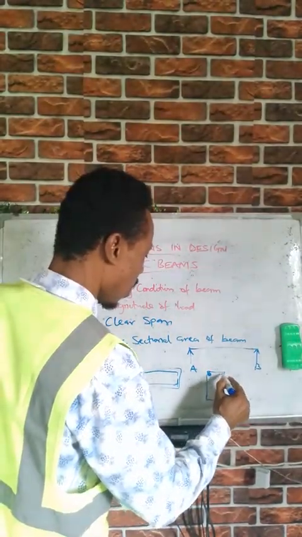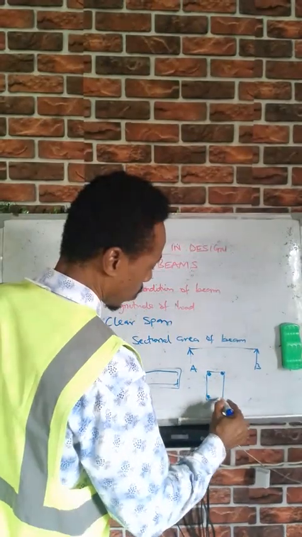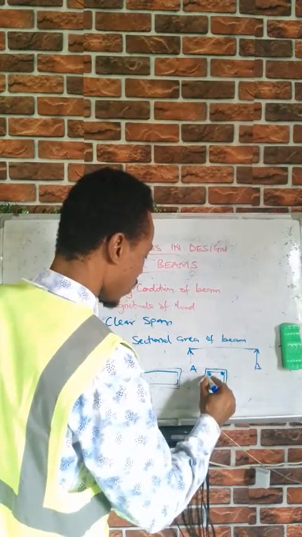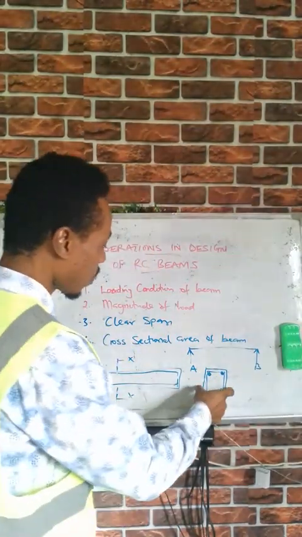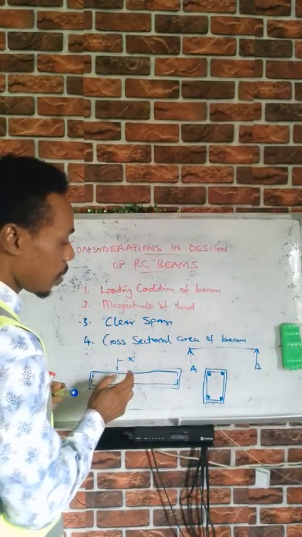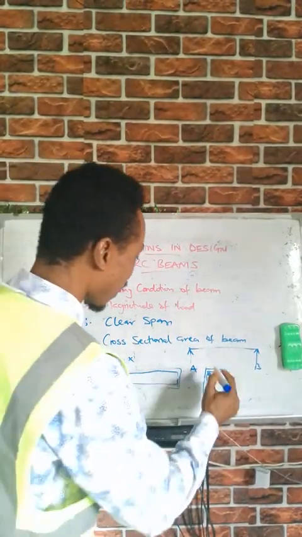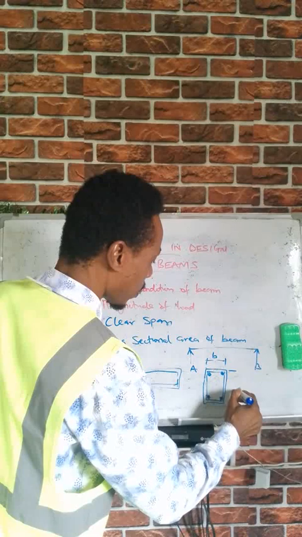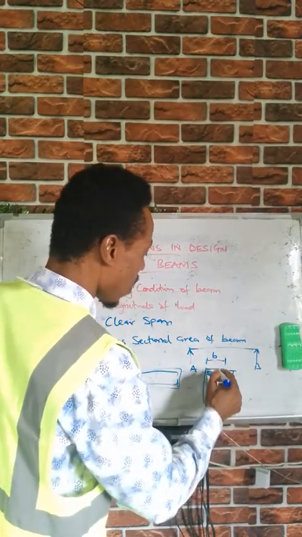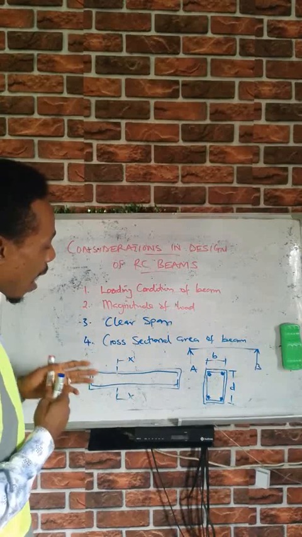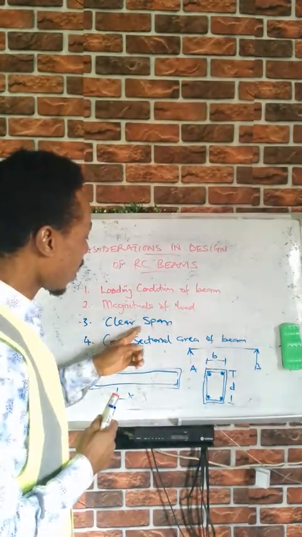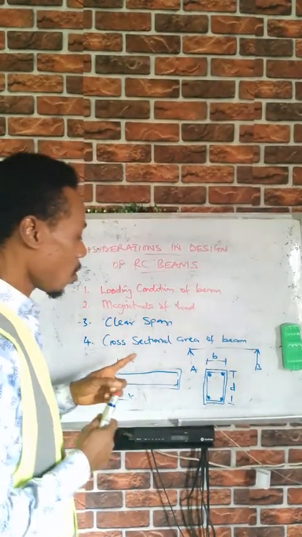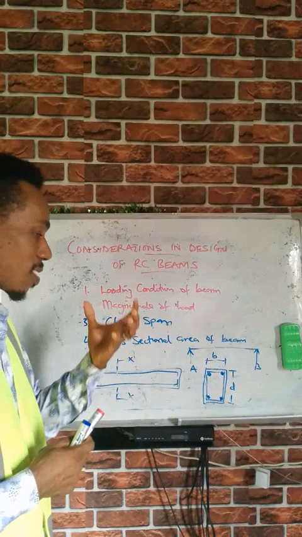If it is a four-bar reinforcement, you're expected to have something like this. So this is the cross-sectional area of this beam. So you must understand that the width, that is the breadth, then the depth, that is the D, is very, very important, because when you have a larger clear span, it means that the depth of your beam ought to increase so that it can be able to sustain that load.